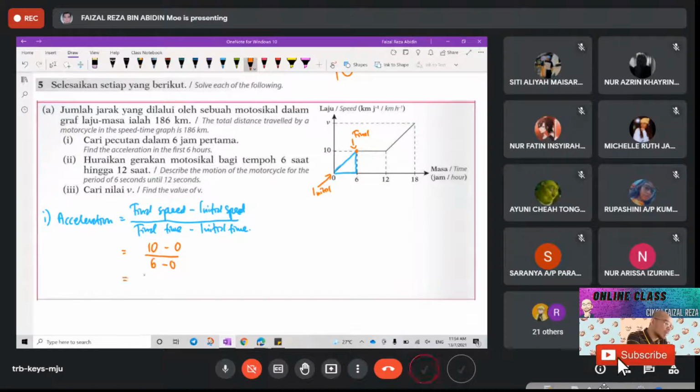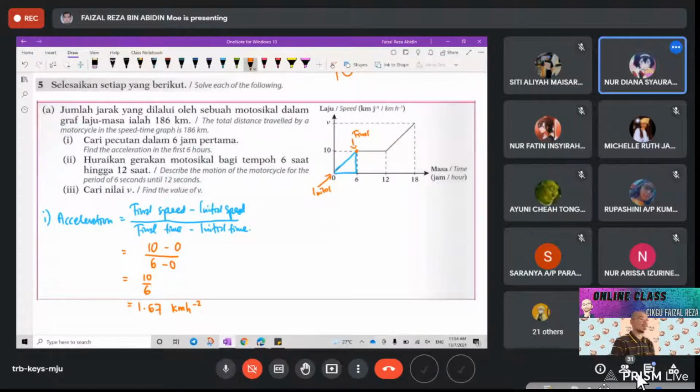So actually you have 10 over 6, which gives 1.67. And the unit? You already have kilometer per hour, over hour, so you have kilometer per hour squared. Is it clear, class?